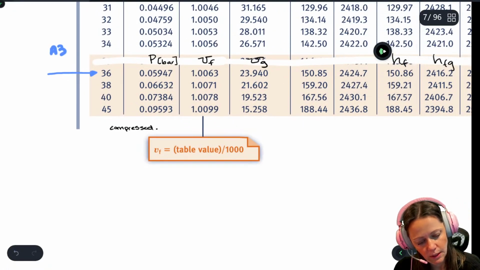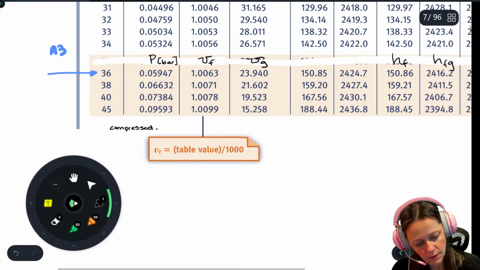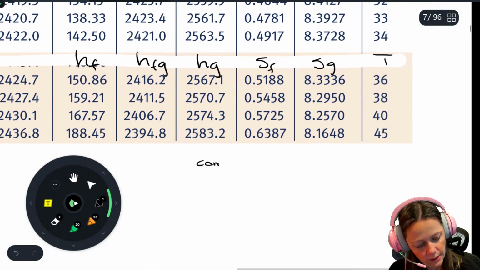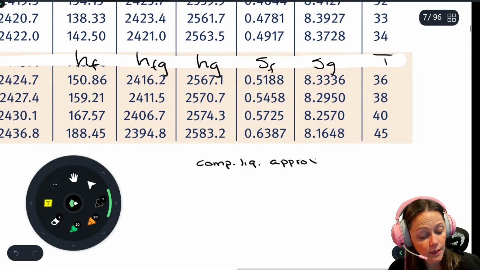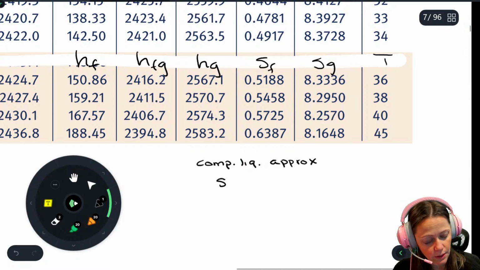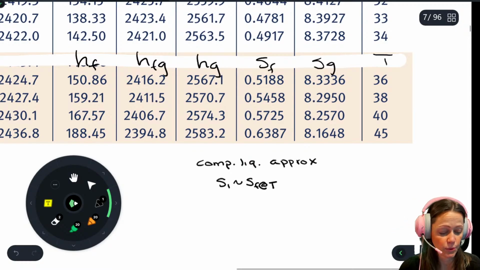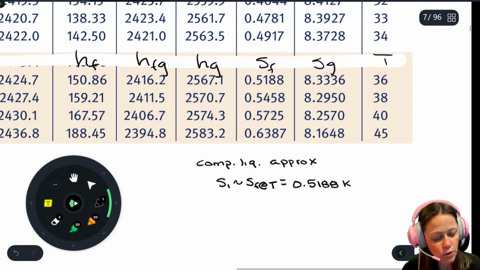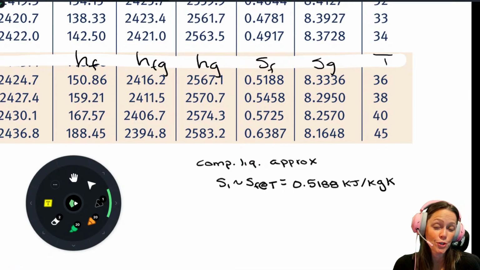So, let's do that. Doing a compressed liquid approximation, we're going to say our S value is approximately S sub F at whatever that temperature is. And so this ends up being 0.5188 kilojoules per kilogram K. So we're not saying that it is saturated, we're saying it's compressed.